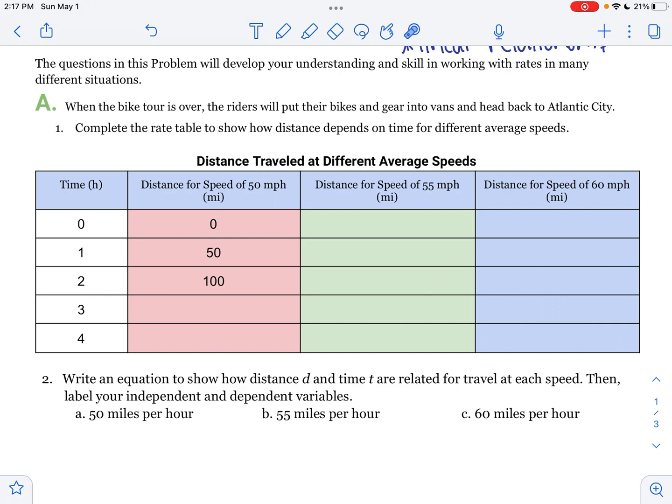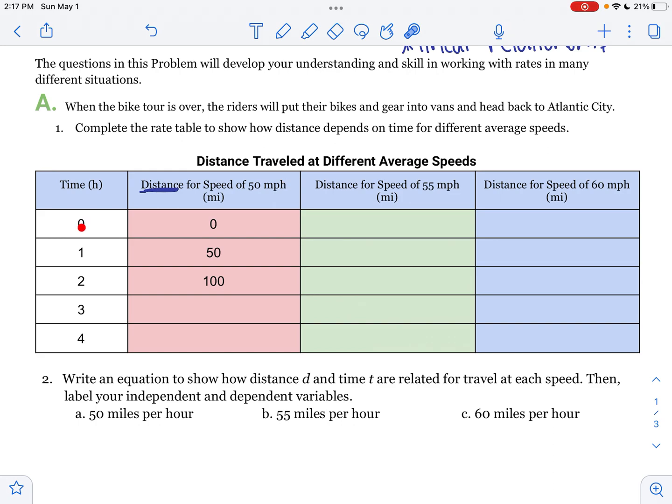In part A, it says, when the bike tour is over, the riders will put their bikes in gear into vans and head back to Atlantic City. Complete the rate table to show how distance depends on time for different average speeds. Looking here in the red column, we're trying to solve for the distance when the speed is 50 miles per hour.